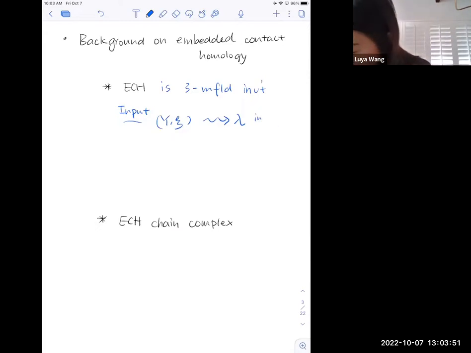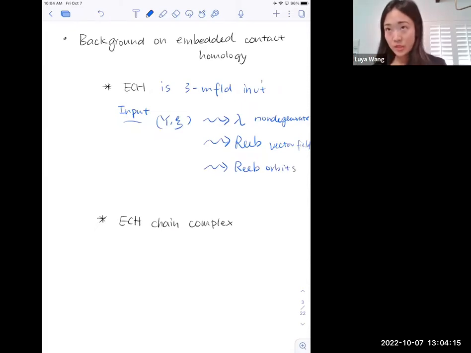Oh, sorry. So we pick a non-degenerate contact form, and given the contact form, we can associate a unique Reeb vector field. And from the Reeb vector field, we get a bunch of Reeb orbits.